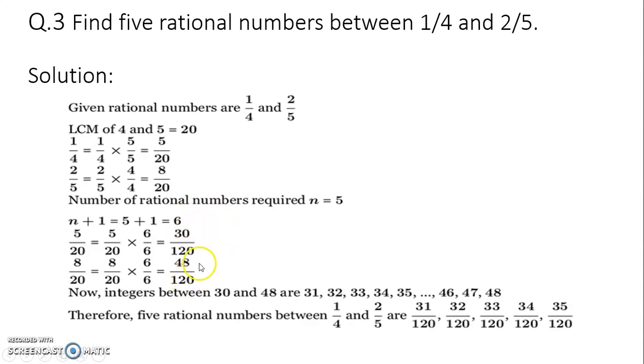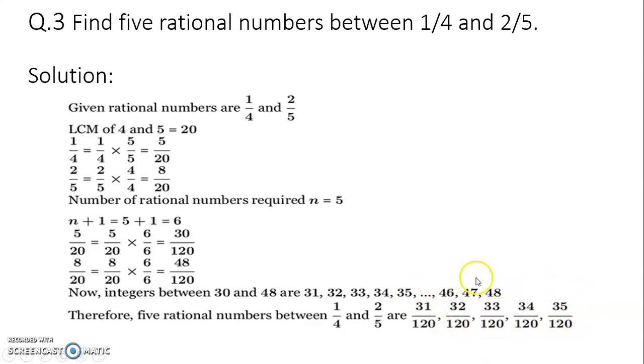Now you can see that the numbers like 31, 32, 33, 34, 35, 46 till 48, all these numbers lie in between 30 and 48, and you can write any 5 numbers from these as the rational numbers which come in between 1 by 4 and 2 by 5, that is 31 by 120, 32 by 120, 33 by 120, 34 by 120, and 35 by 120.